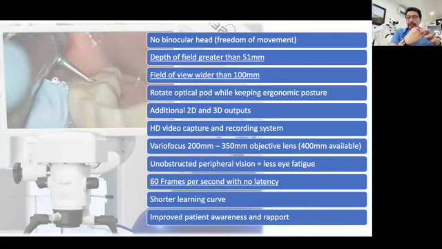Another advantage, the system comes with its own HD video capture and recording system. It's quite easy to record videos. You just need the remote control, and with this control, you can record videos. You can take steady pictures as well, and you can play those videos in real time.